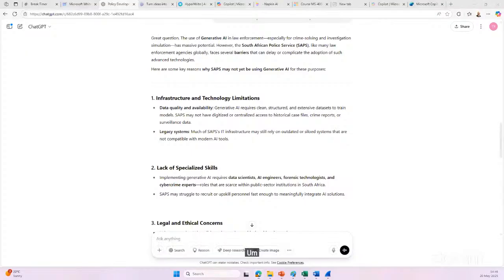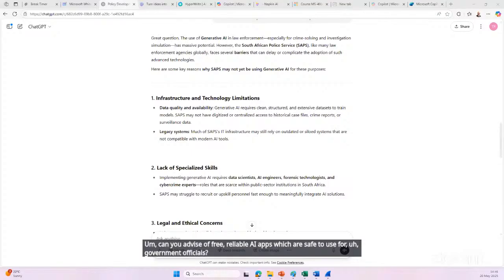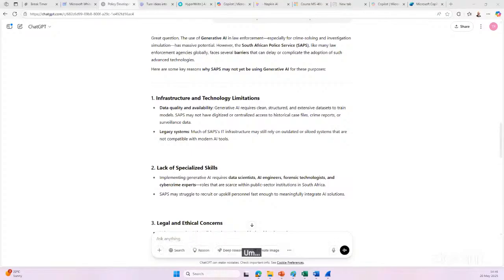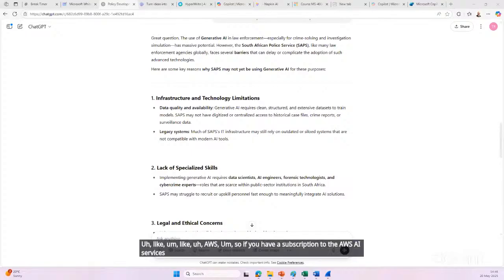Can you advise of free, reliable AI apps which are safe to use for government officials? I think if you have subscriptions to AI services like AWS, they are secure to use because data is encrypted, not only at rest but also in transit, and your data is not used to train other machine learning models.